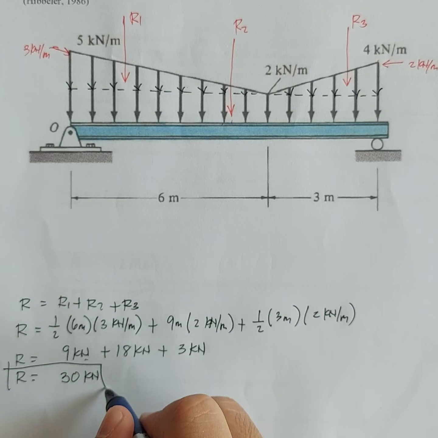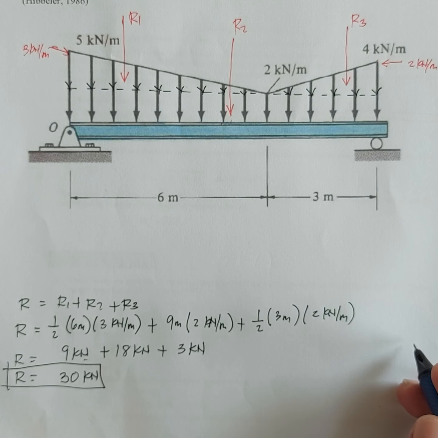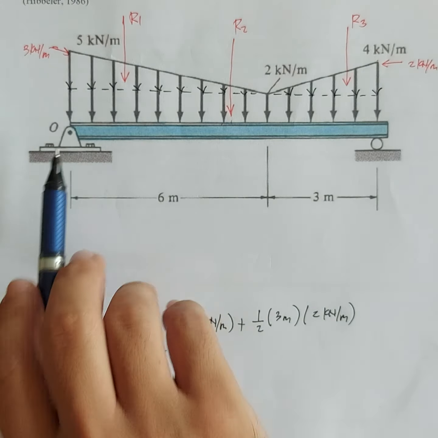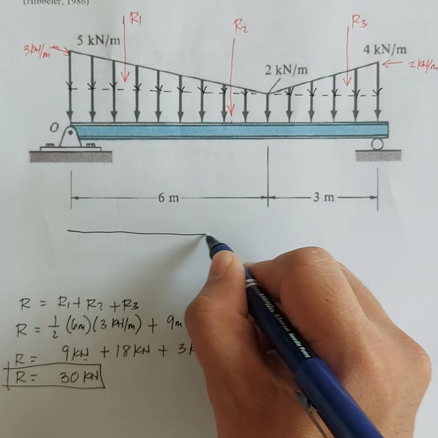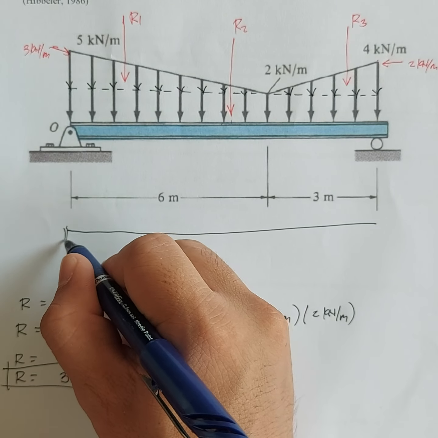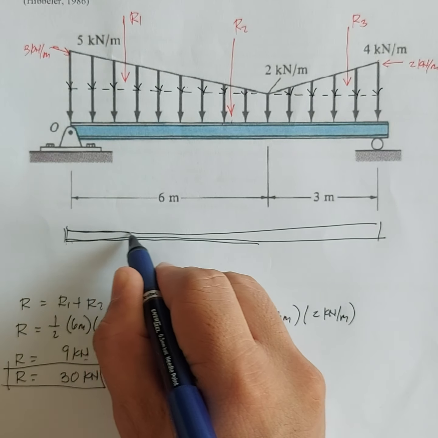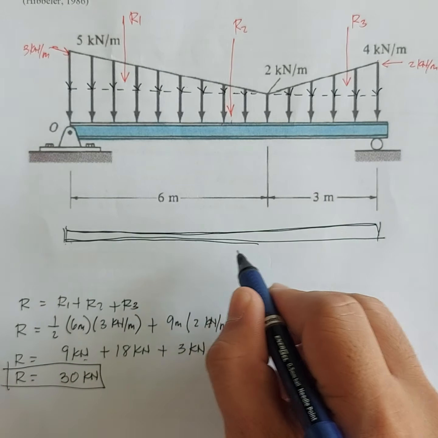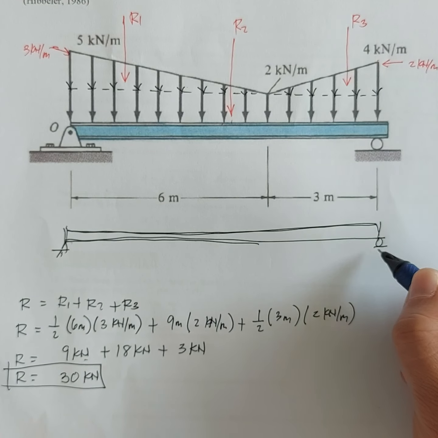Okay? So that's it. And then we also need to solve for the location of the resultant force measured from point O. So this is our point O. Let's redraw the beam, it's no longer straight. Anyway, like that.